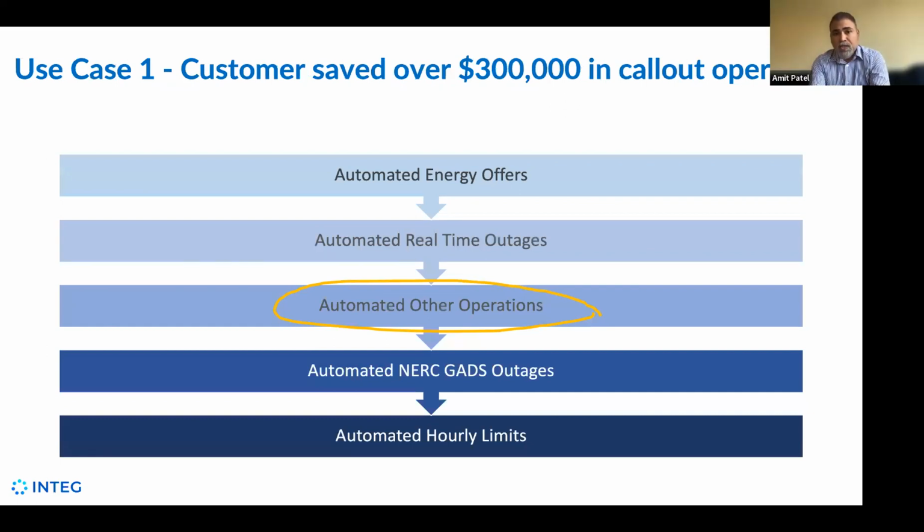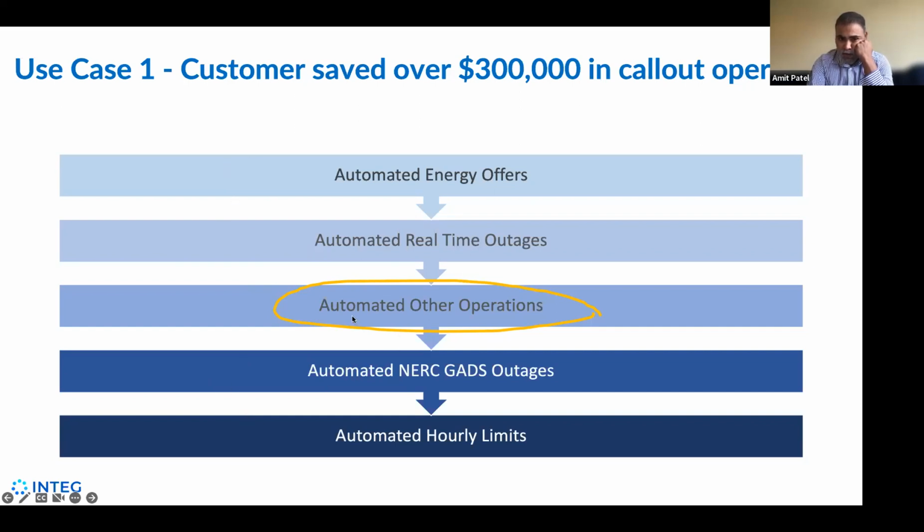All right, so let's get into a use case where a customer saved over $300,000 in call out operations. So what we did, for example, in this set, this is all ISO front office processes. As part of this live series, we're going to work on automating a lot of these and discussing these.